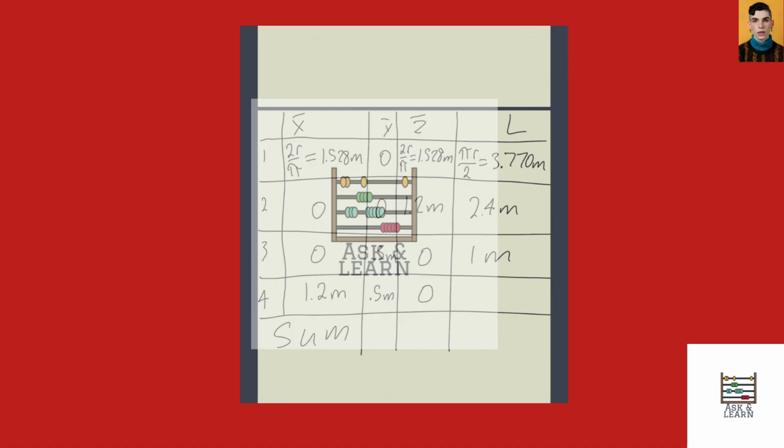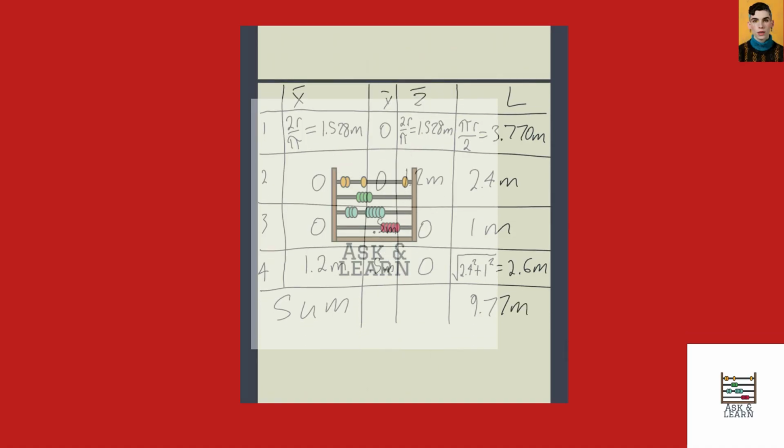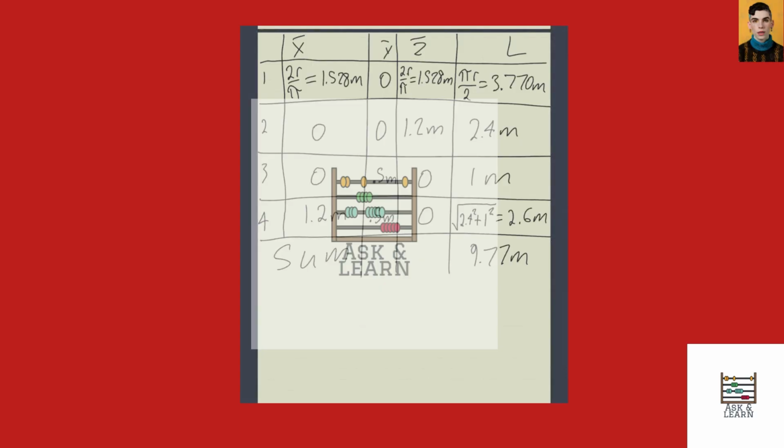And we're given the length of wire 2 and 3 in the problem. And we'll have to use the Pythagorean theorem to find the length of wire 4. So we take the square root of the square of two sides added together, which gives us 2.6 meters. And summing them together, we have 9.77 meters for the total length of the wire.